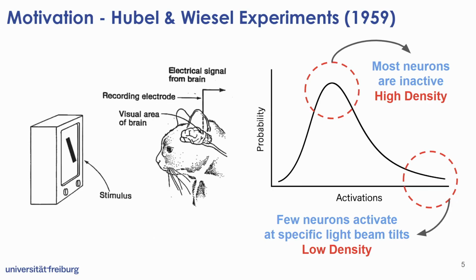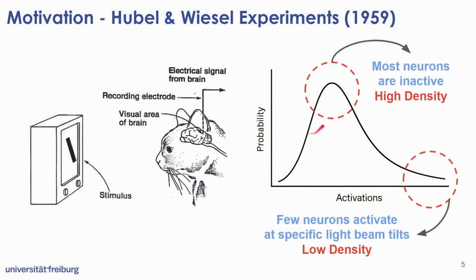What they did is they took a cat, tied it to a chair, dilated the eyeballs, and projected light beams in different shapes, and also moved them in different directions. They also connected electrodes to the primary visual cortex of the cat's brain and recorded the signals from those electrodes.